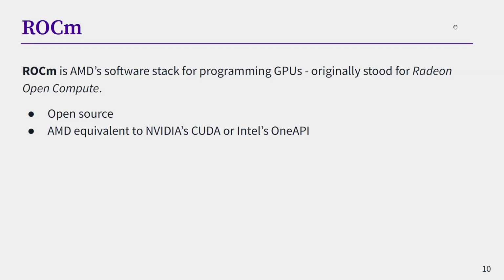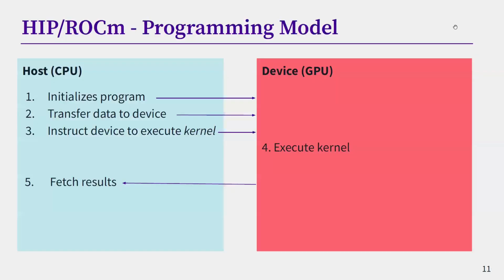So we've now got HIP, your host code, and that will compile down to a ROCm application. The programming model will be very familiar. On the host side, we'll set up our program, set up our data, transfer it over to the device, and launch kernels in just the same way that you would with CUDA. It's going to execute on the device, and we can fetch our results back again.